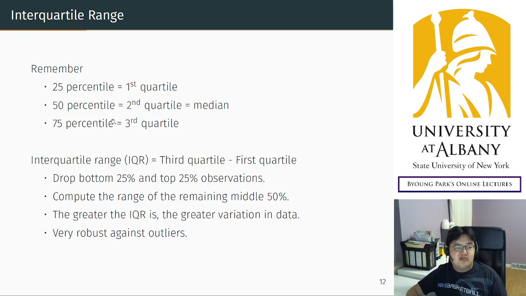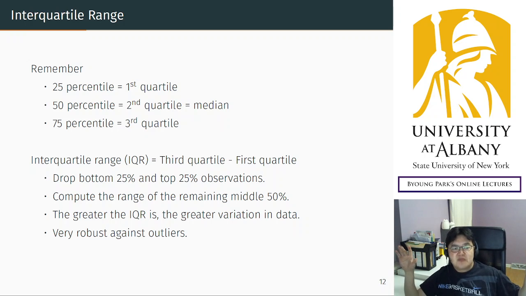And then what we are going to do here is assume as if the bottom 25% are outliers, right? If there are outliers, they will be in the bottom or in the top. So I will drop the bottom 25% of observations. Then almost all outliers will be removed. Similarly, I'm going to erase the top 25% of observations to avoid outliers on the greater side.